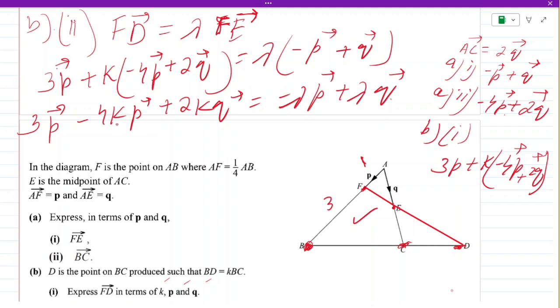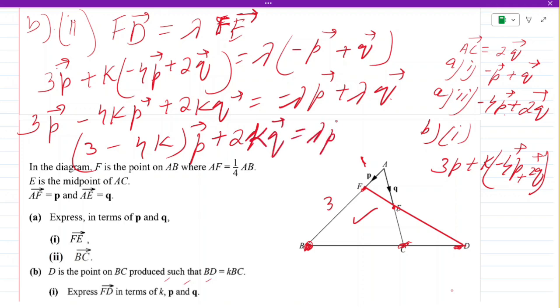We are taking P as common, so what remains is 3 minus 4K times P plus 2KQ equal to minus lambda P plus lambda Q.